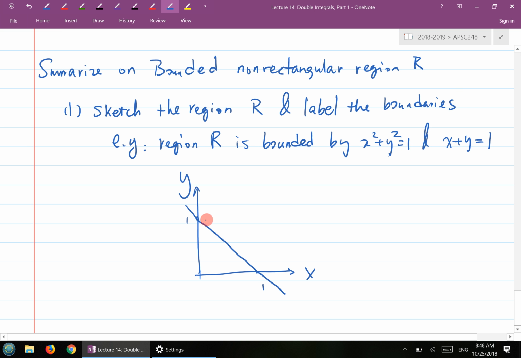This circle happens to pass through these 2 points here, so we can draw a circle passing through these 2 points. Since region R is bounded by these 2 functions, apparently the only possible region that can be bounded by these 2 is this part. So that's how you can draw the region R here.